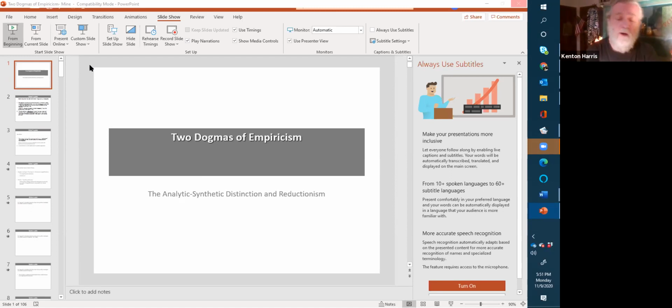Okay, so this article Quine wrote, where he identifies what he takes to be two dogmas of empiricism.